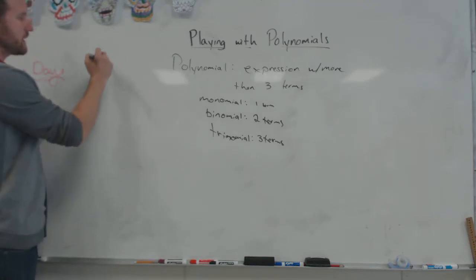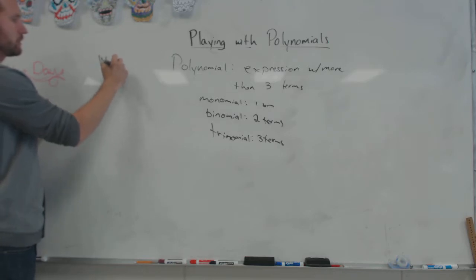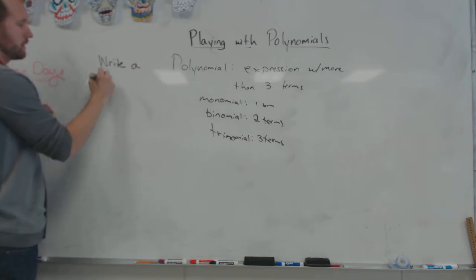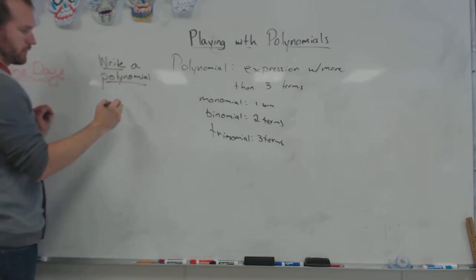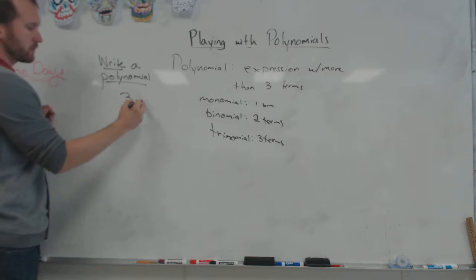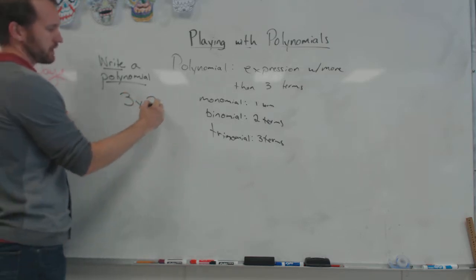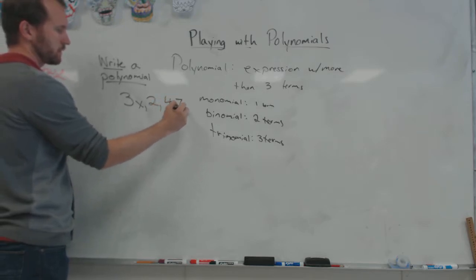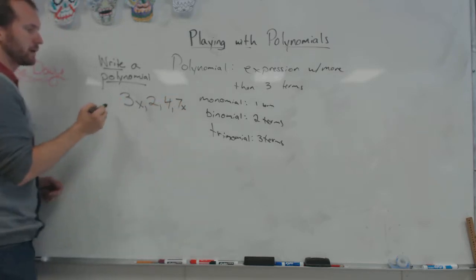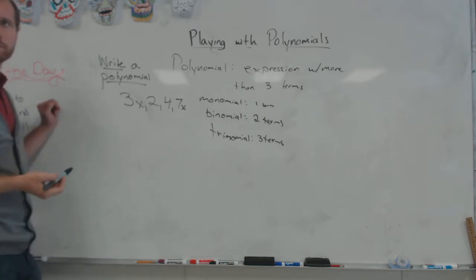So the first thing is to write a polynomial. If I gave you 3 terms, or 4 terms, or 7 terms, I want you to write a polynomial using these terms.